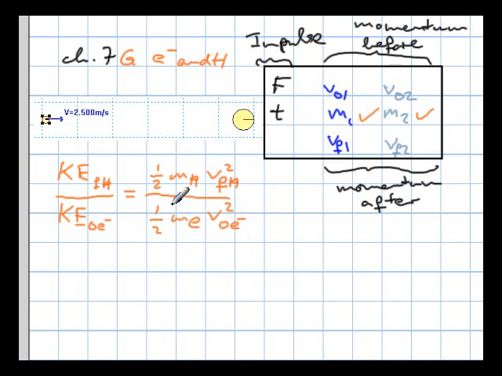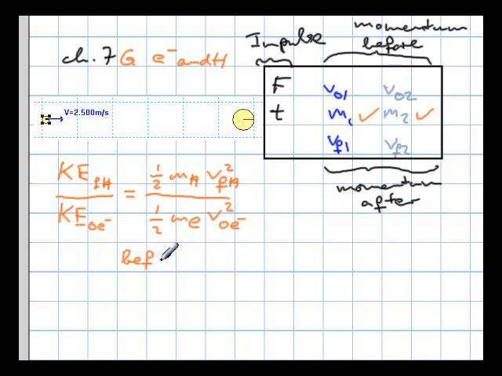Here, of course, the 1/2 would eventually divide out. This ratio of masses we know; they told us it's 1,837, which means we just have to determine the ratio of velocities. Well, that ratio we can get from the conservation of momentum.